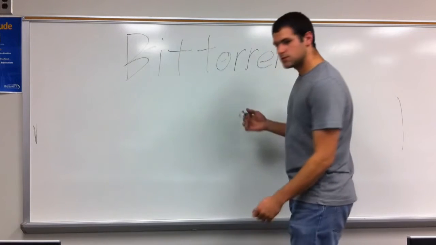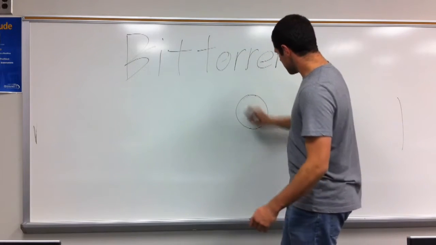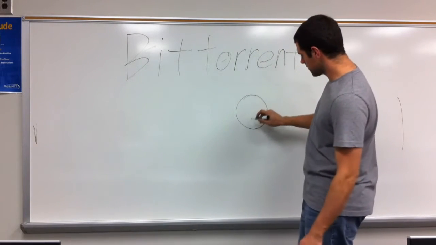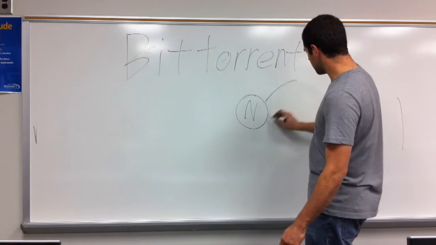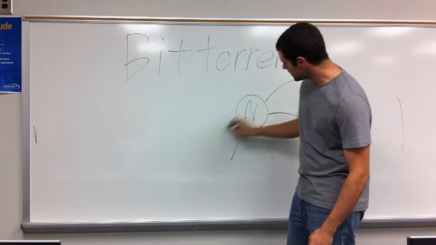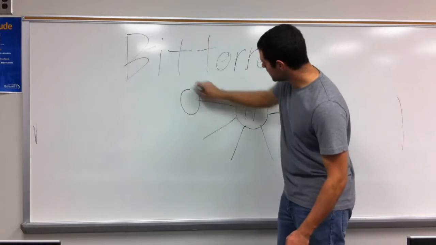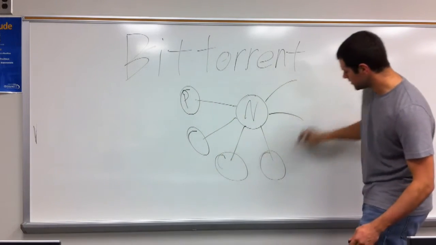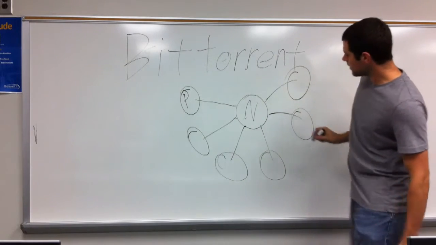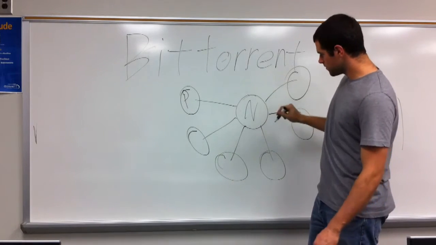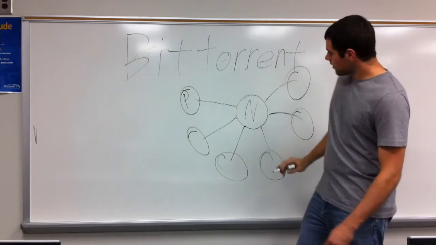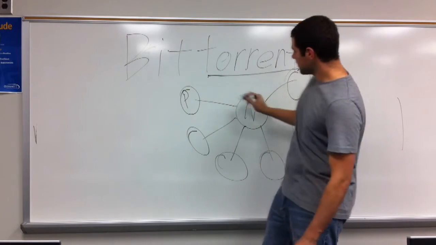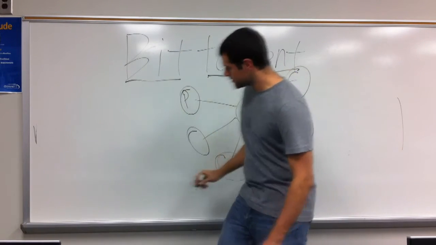Through BitTorrent, you use what's called a swarm. When you have a central network and you have a bunch of people connected in this network, each of them called peers, they're all talking to each other through the network. Now, the torrent itself is split into bits.